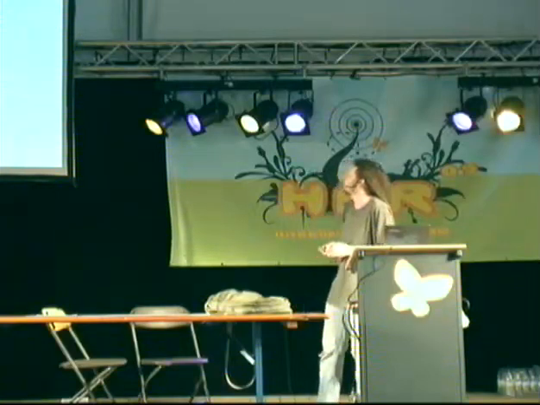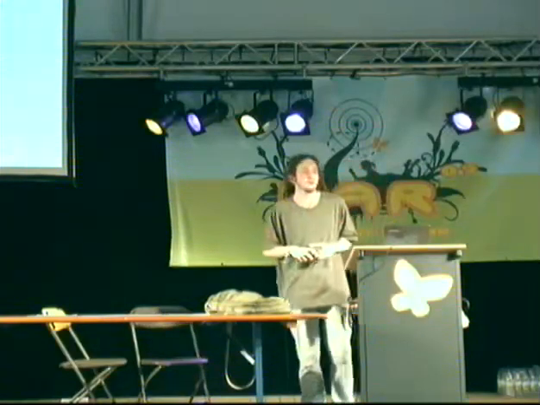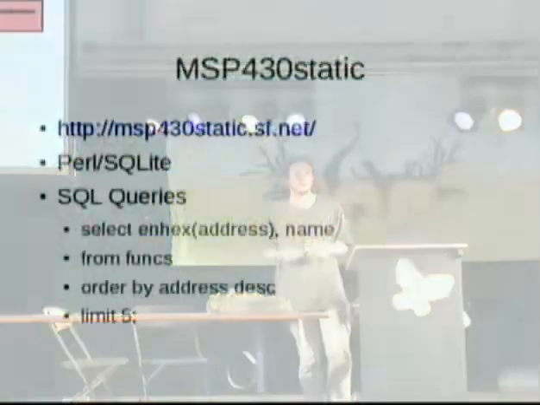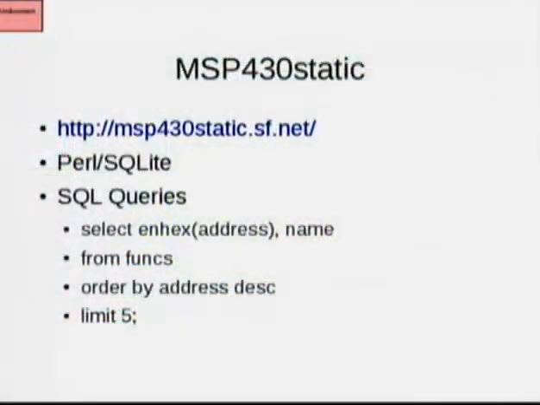So I wrote a quick tool called MSP430 Static that I really wish someone would replace. It's written in Perl calling SQLite, which calls back to Perl, which would be suicide if you were trying to do it for a PC program. But the longest program that physics will allow in this chip is 32,000 words. A 32,000 row table is not that difficult to query.